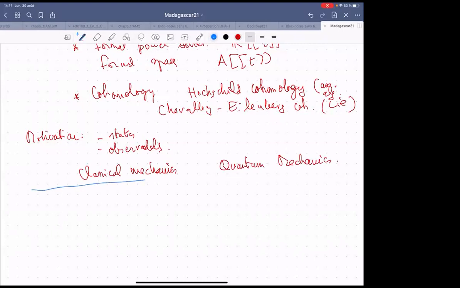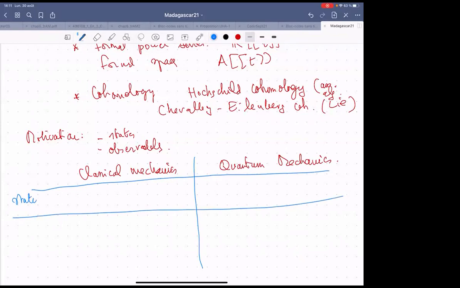What will the state be in classical mechanics? The state here will be just a point on a manifold. And what about quantum mechanics?